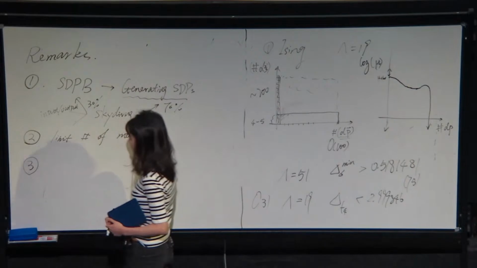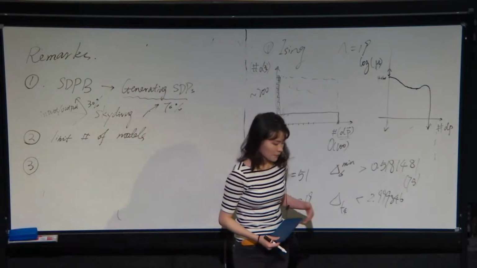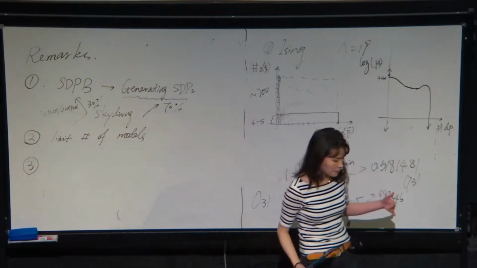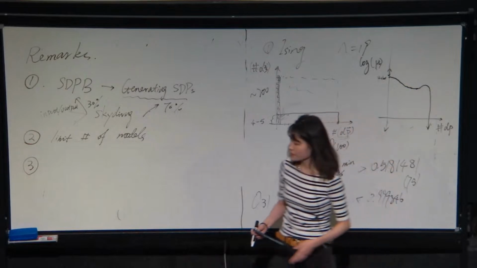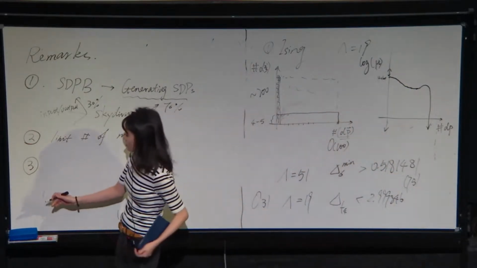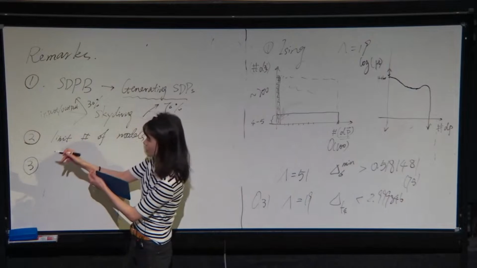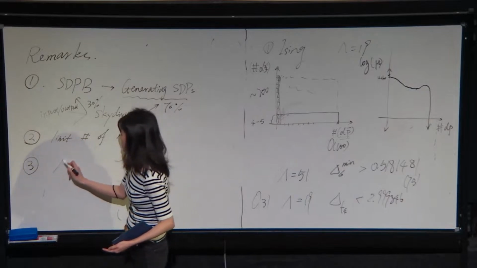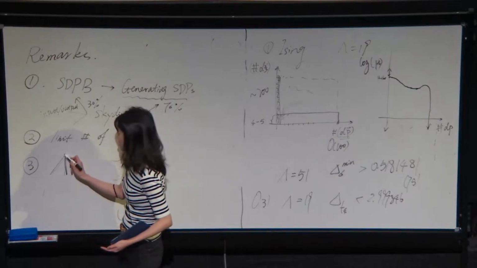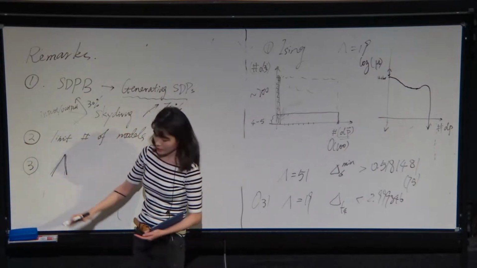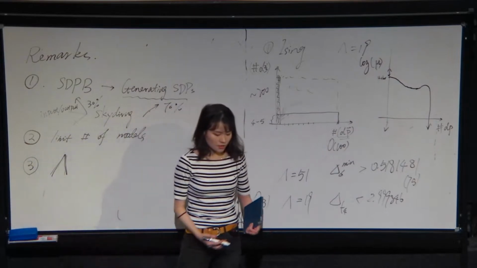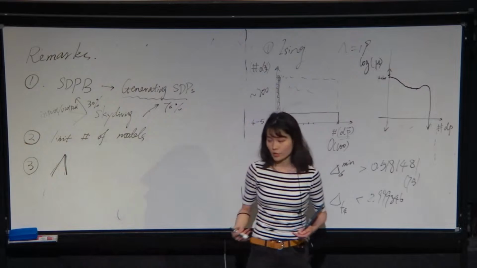And finally, the outlook: now we are able to explore the parameter space P, but there are more parameters. There's one parameter, lambda, which is the derivative order, and as we increase the derivative order, the size of the problem grows drastically.